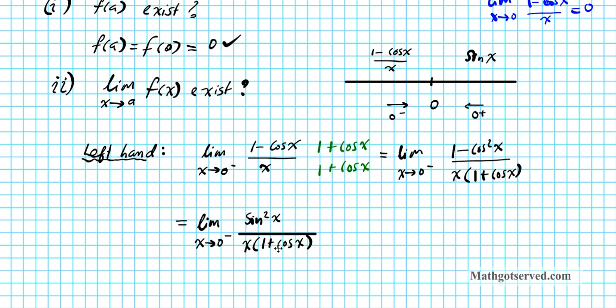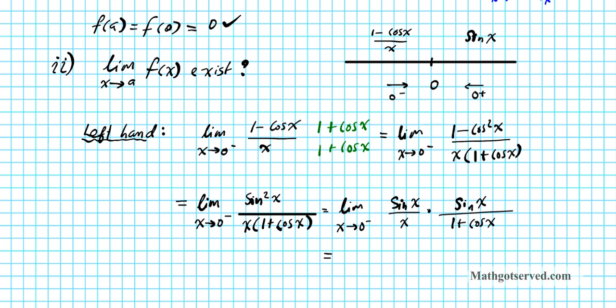Alright, so let's rewrite this limit in such a way that we can apply the squeeze theorem. So this we can write as the limit as x approaches 0 from the left of (sine x over x) times (sine x over 1 plus cosine x). Okay? Using the squeeze theorem, we can establish that this limit is 1.